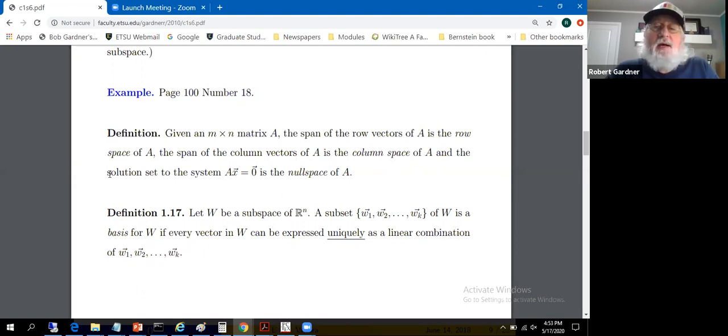If we take all solutions to the homogeneous system of equations, AX equals 0, this will be closed under linear combinations, won't it? Yeah, that's the thing we showed when we added all those H vectors together. So this would be closed under linear combinations, and scalar multiplication we didn't check, but that's true as well. These form a vector space.